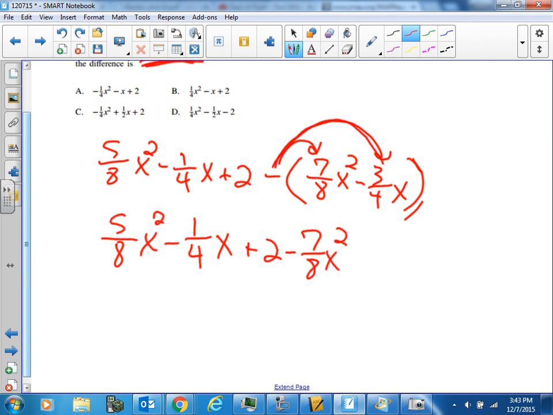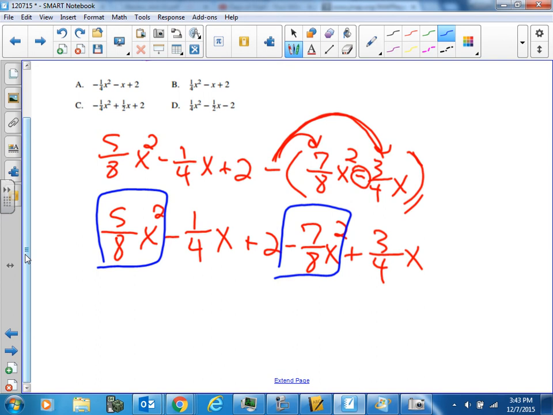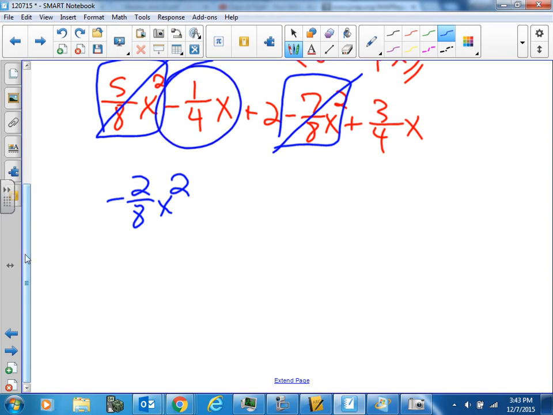Now, minus with a minus, that's going to be plus 3/4 x. Now I can just combine like terms. I have 5/8 x squared, and I have a negative 7/8, which makes it pretty easy because we don't even have to change denominators. So 5/8 and then a negative 7/8 is going to be a negative 2/8 x squared. So I consolidated those. And then we have negative 1/4 x and 3/4 x.